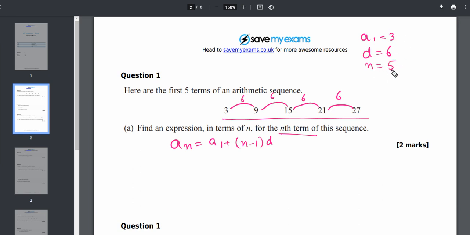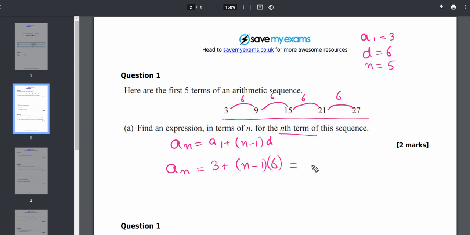So what I'll do is I'll insert these values into this formula, and we'll get the nth term. In fact, I just have to write down the expression, so I don't need to put the value of n. So I'll write an equals 3 plus n minus 1 times 6.